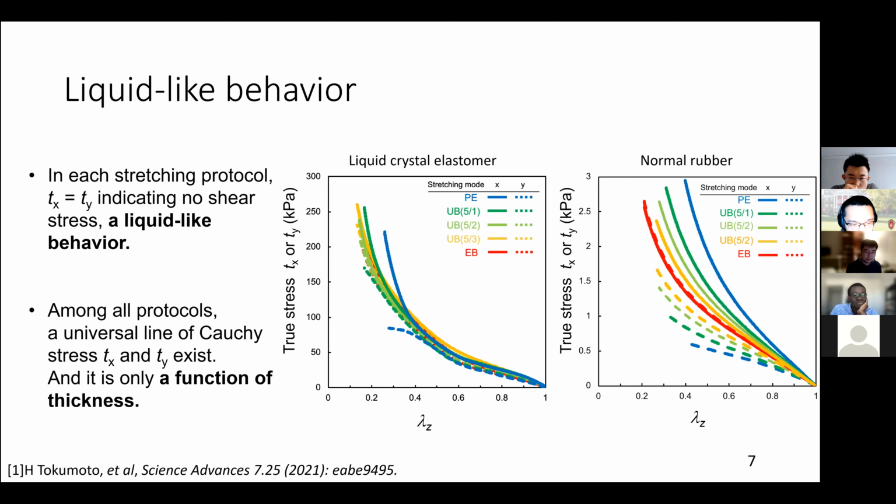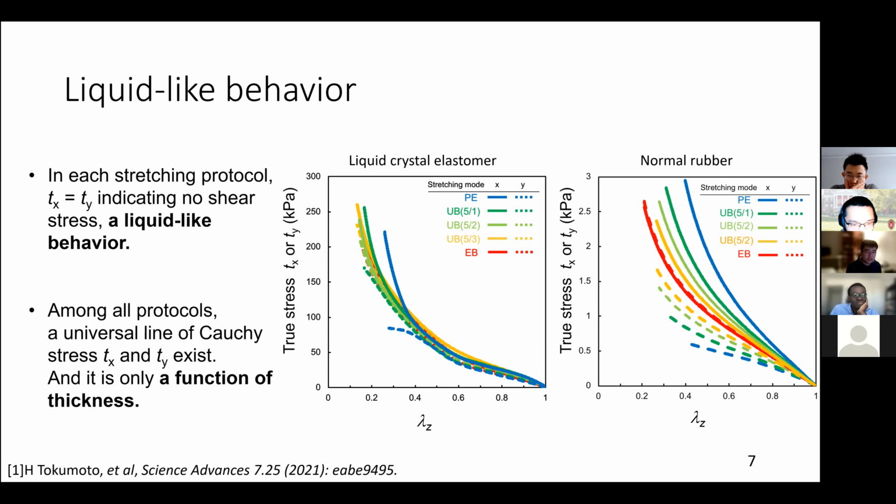And the y-axis is the Cauchy stress in both directions, where the dashed line is the Cauchy stress in the y direction, and the solid line is in the x direction. Different colors stand for different protocols. We soon notice that for each color, or each protocol, there is a certain range where the Cauchy stress in the two directions is the same. So basically there would be no shear stress.